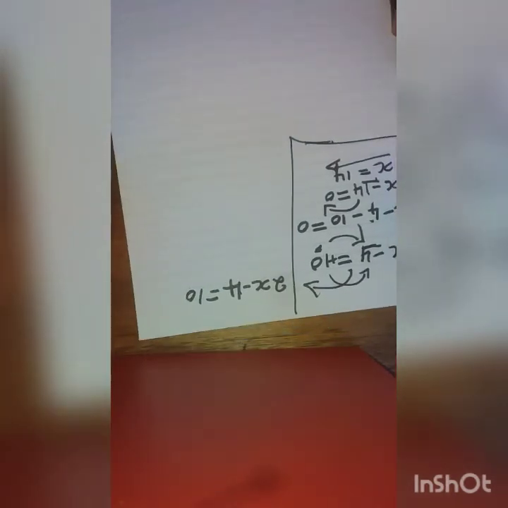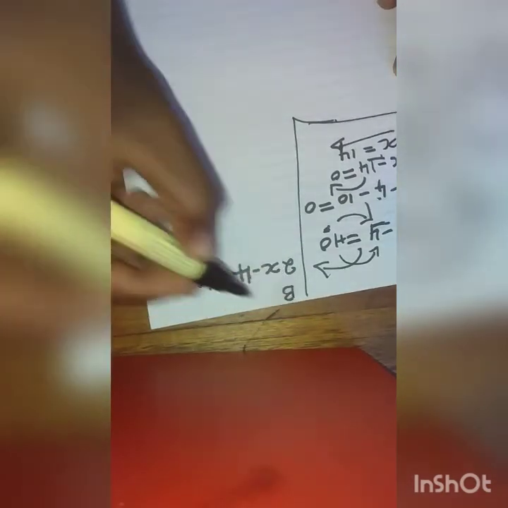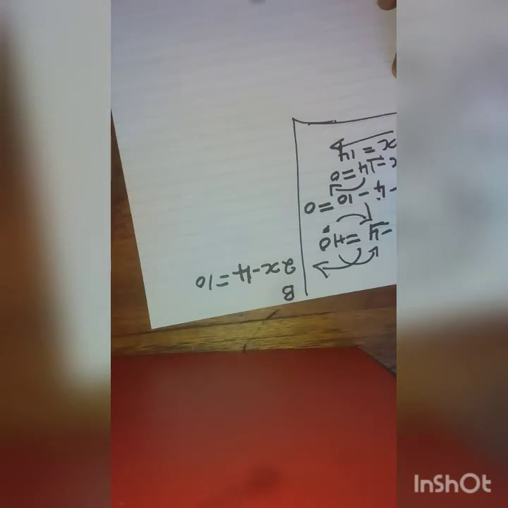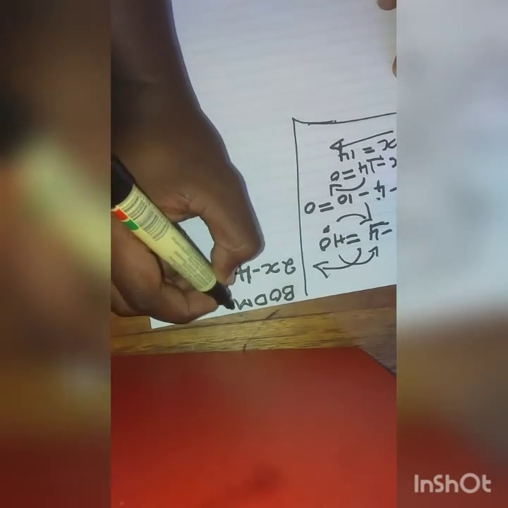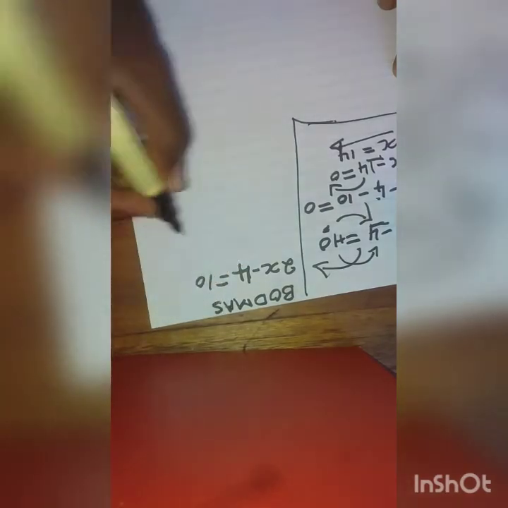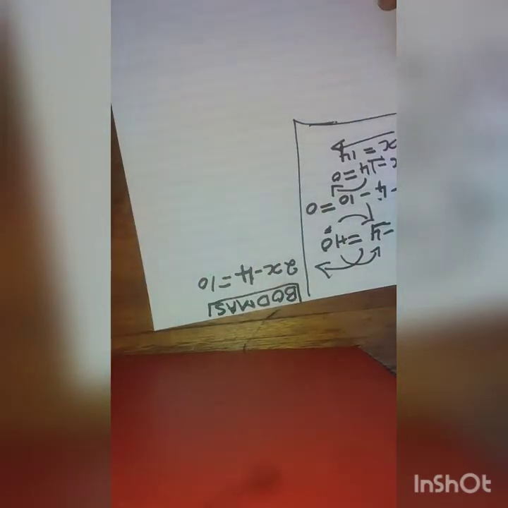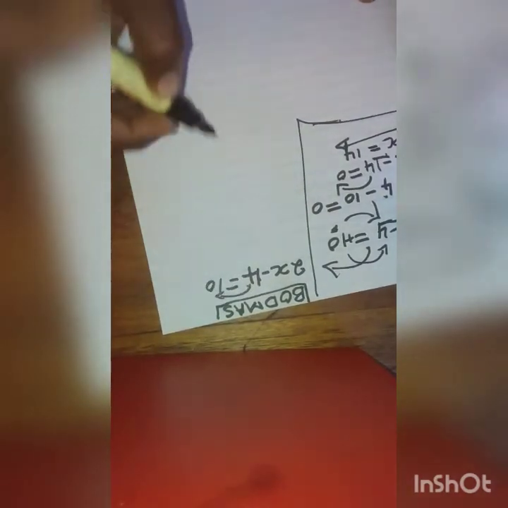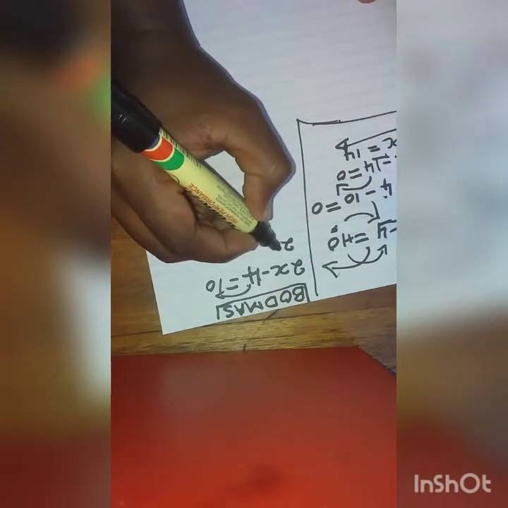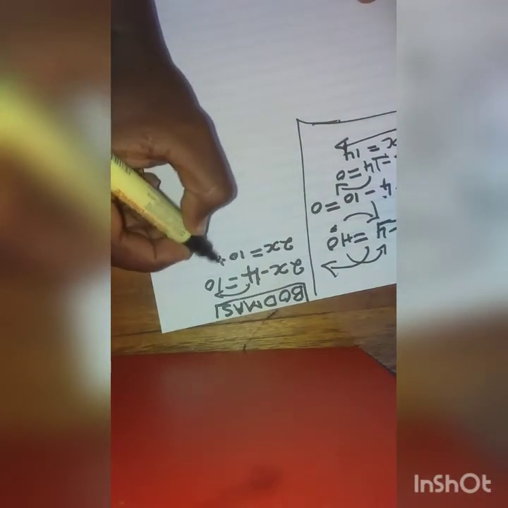So what's the first thing to do? Like I said, whenever you're solving for x, or simplifying, keep in mind BODMAS. I'm saying this now so that when we go forward, we will know what to do. So here, this 4 will cross the equal sign, and there will be 2x equals 10 plus 4.